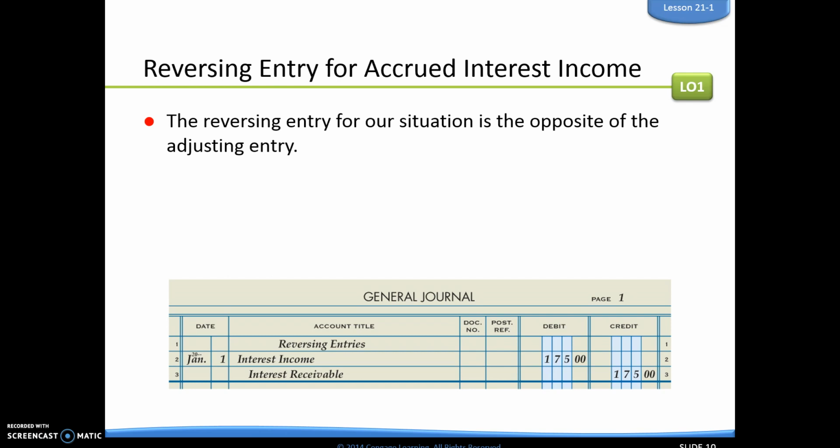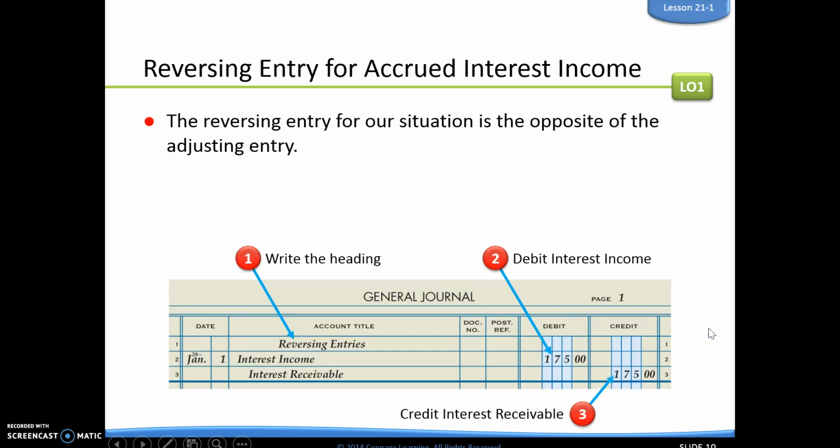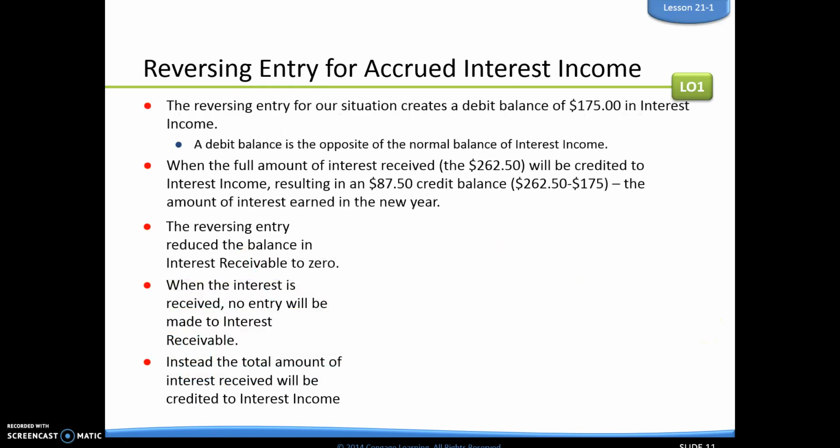So what happens is interest income gets debited and interest receivable gets credited. Okay. Notice that instead of writing adjusting entries, we put reversing entries. This is going to serve as our document number. We'll want to make sure that we remember that, especially for tests. Okay.